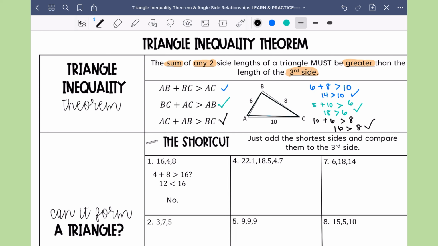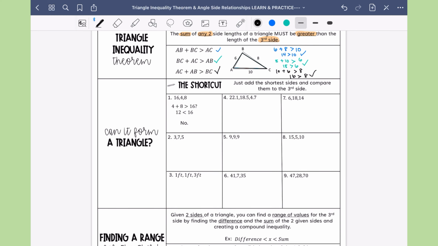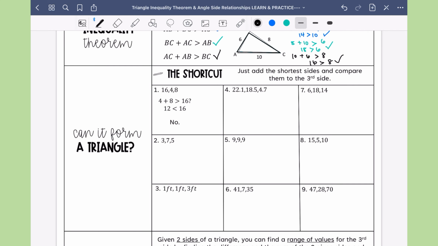Believe it or not, there are some side lengths that will not work. And that's where we practice it here. So here I did create a shortcut just to make life easier, work smarter, not harder. The shortcut is so important, you might want to highlight it.